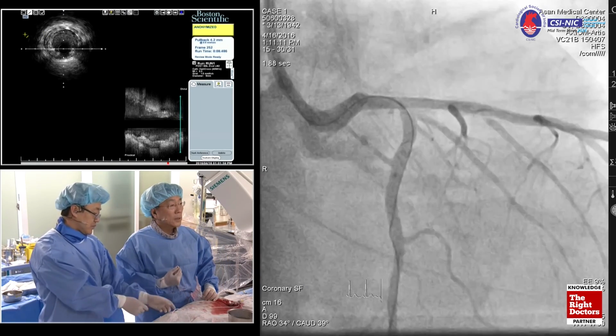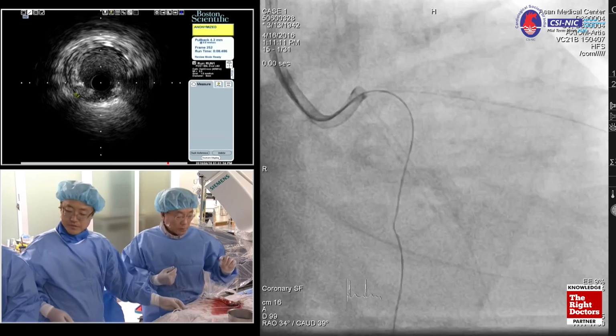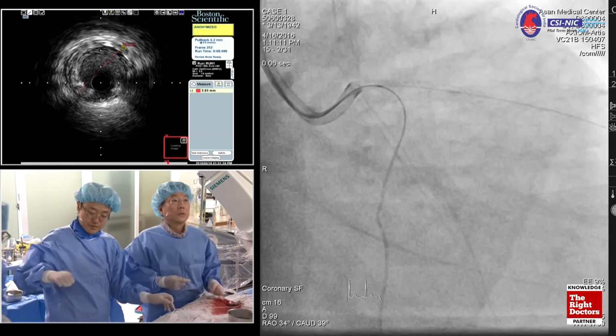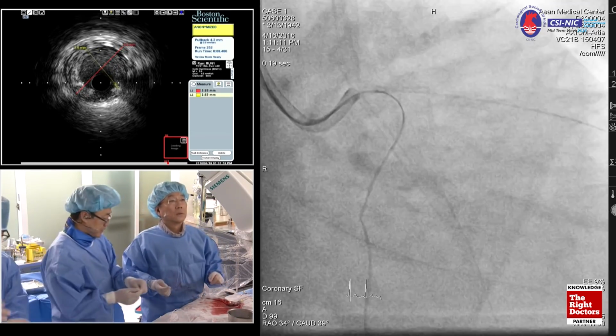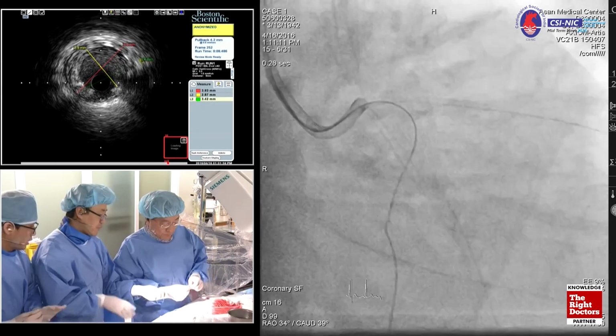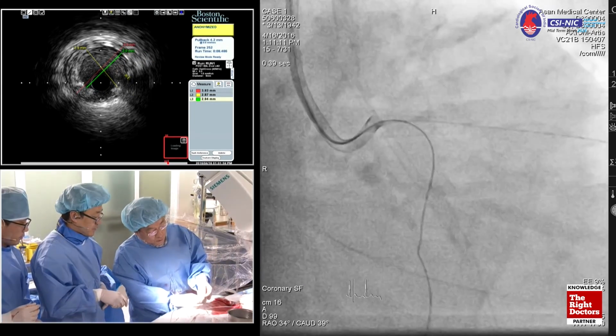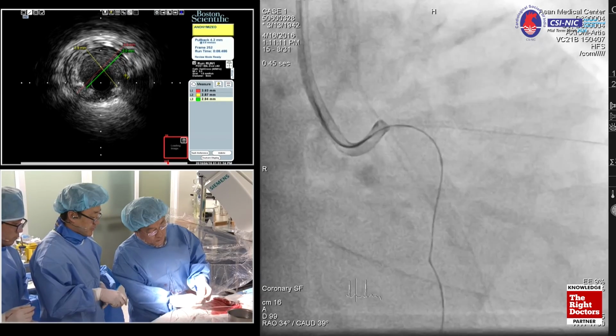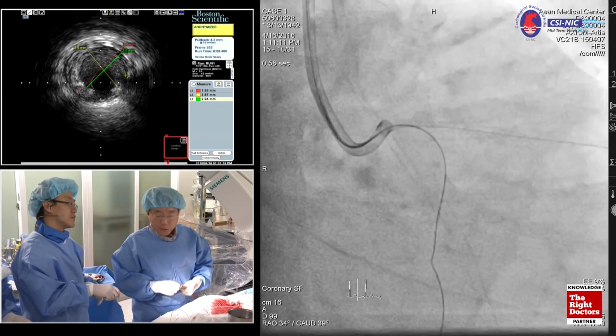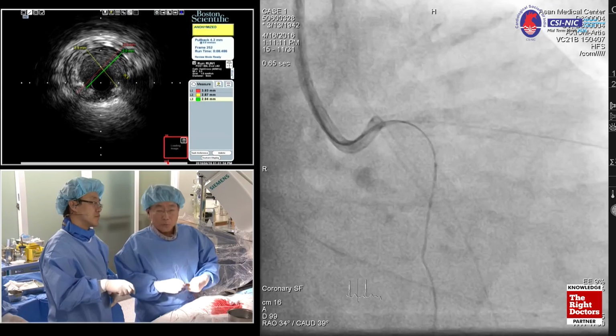And then finally, we're going to do a little bit more. This is a 3.5 non-compliant balloon for high pressure inflations after the cutting balloon.